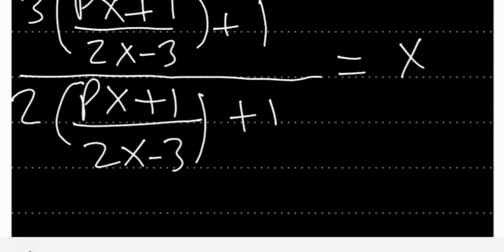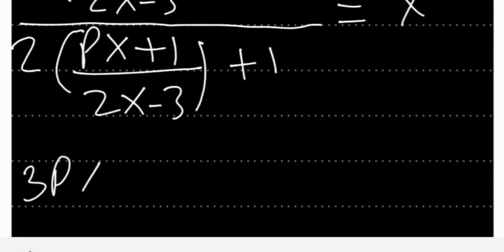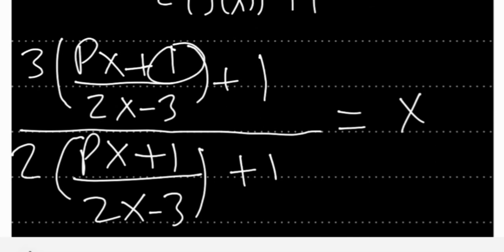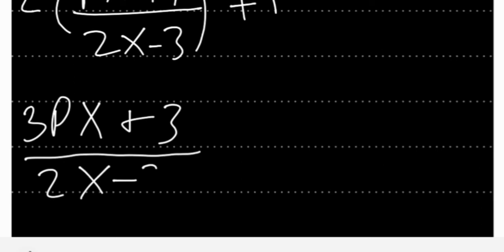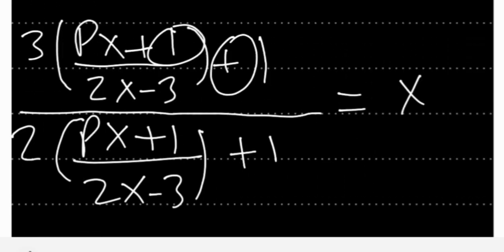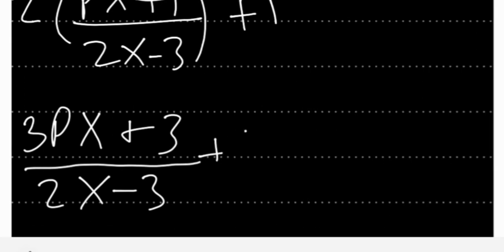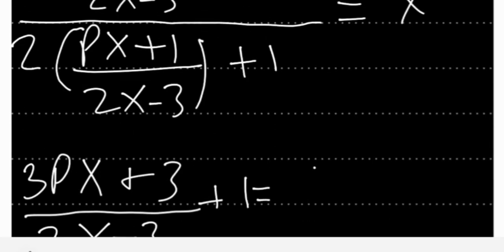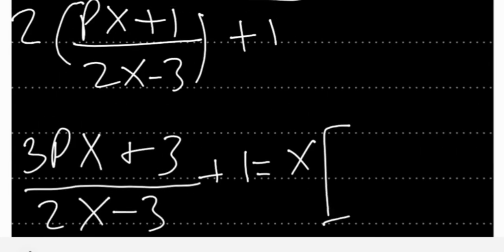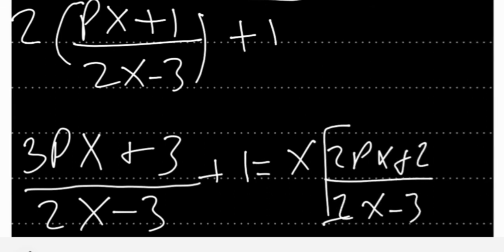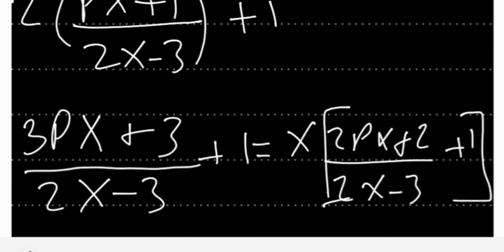The 3 entering: 3px plus 3, divided by 2x minus 3, plus 1, equals x multiplied by all this that went to the other side, but with the 2 going inside: 2px plus 2, divided by 2x minus 3, plus 1.